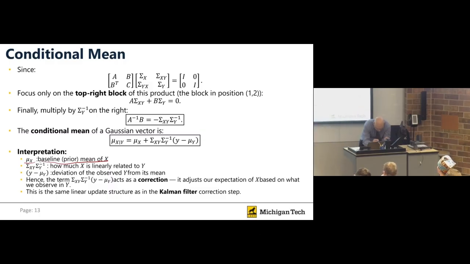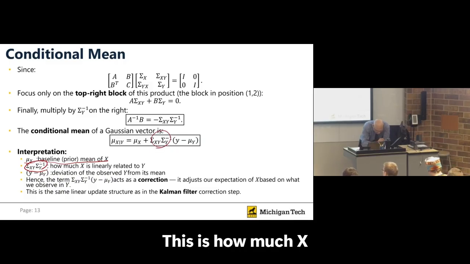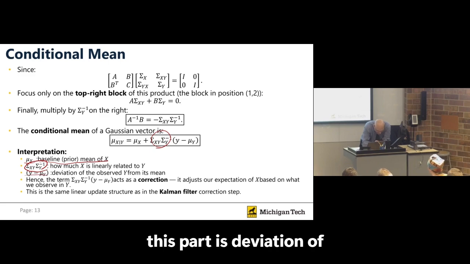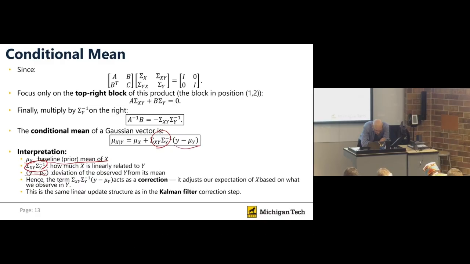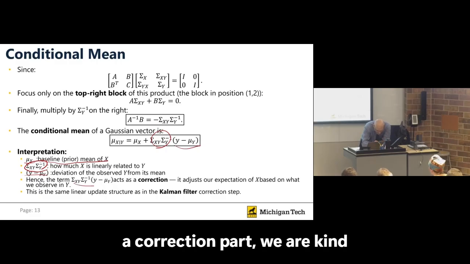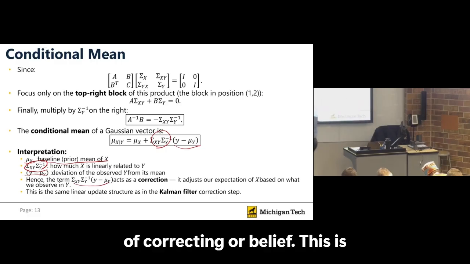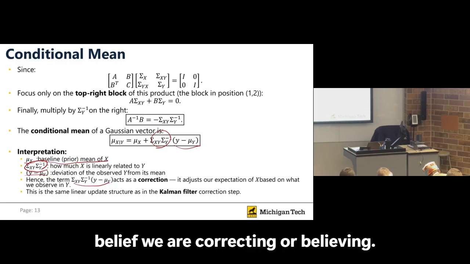This part is how much x is linearly related to y. And this part is the deviation of the observed y from the mean. Together they act as a correction part. We are correcting our belief.